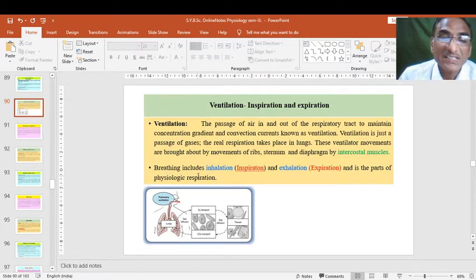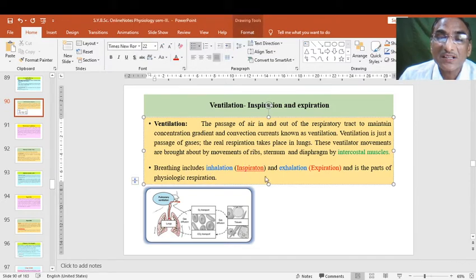So breathing includes inhalation, taking air in, or inspiration, and exhalation, or expiration. Inspiration and expiration, inhalation and exhalation, are both parts of physiologic respiration.